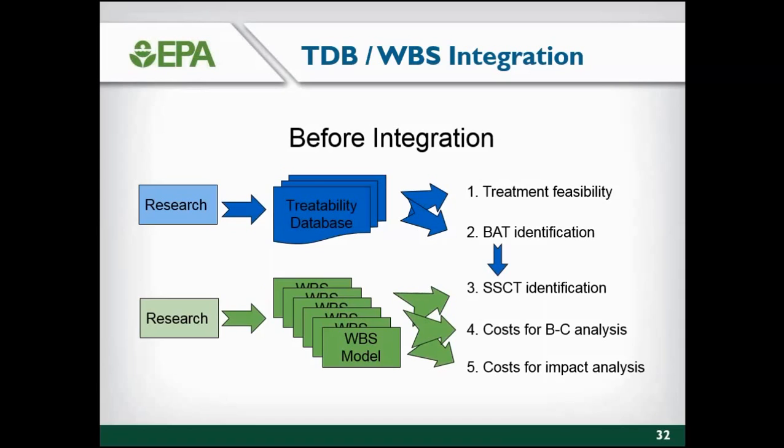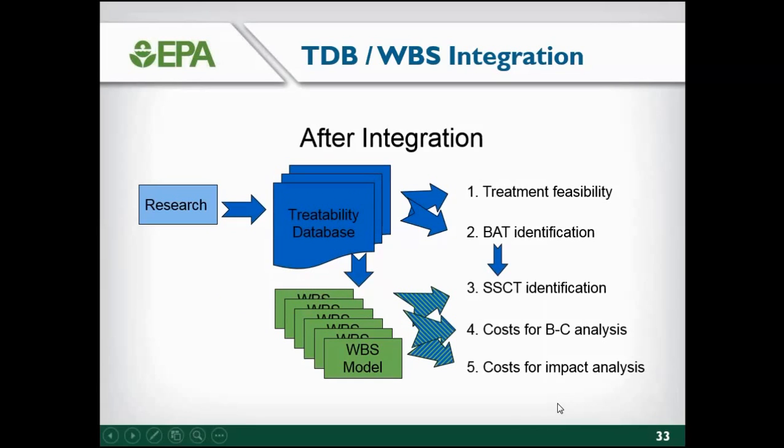This is the schematic of the same thing. Before, we used to do research into the treatability database, which gives us BAT. We do research into the plugins of the cost model, which gives us the rest that I just explained. After integration, we expect the research just to be done into the treatability database, which will then feed the cost models, which will calculate everything summarily.